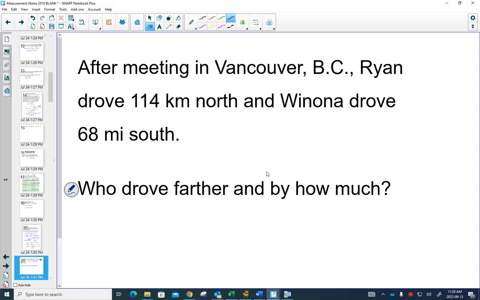We have 1 kilometer equals 0.6 miles, and we also have 1 mile equals 1.6 kilometers. And there's the dot over both of those, meaning that both of those are approximations.